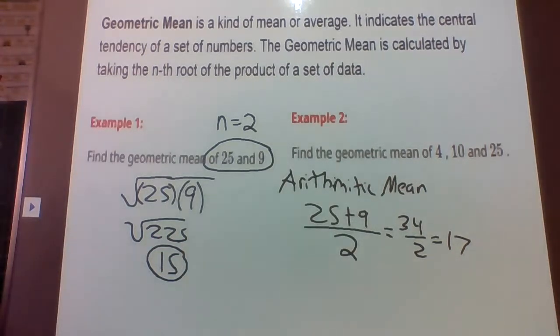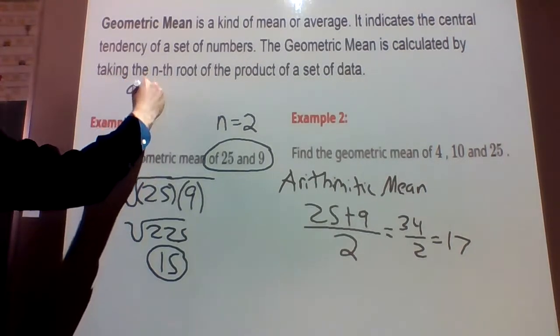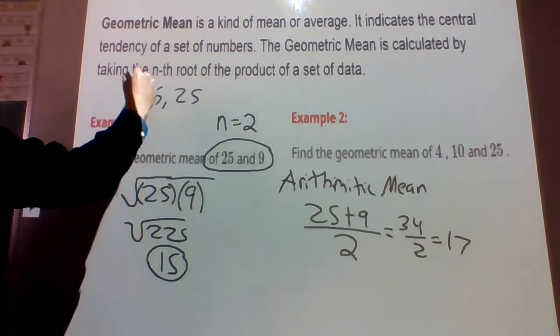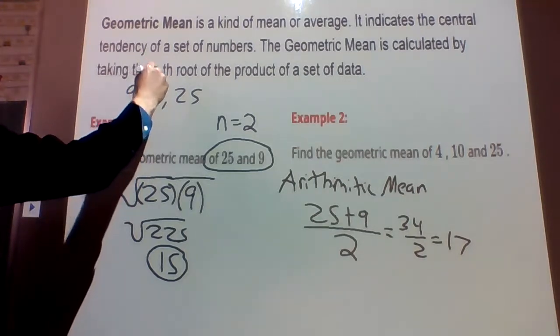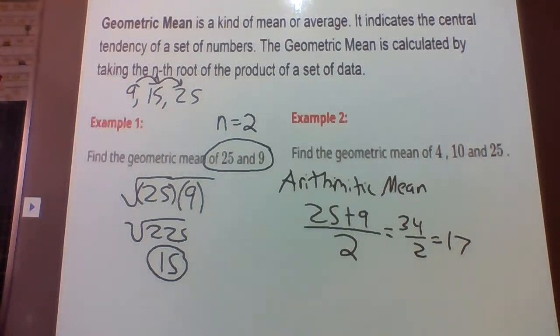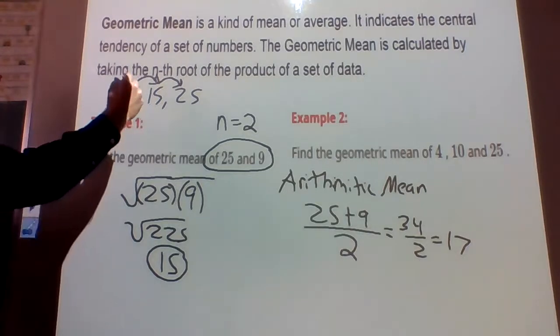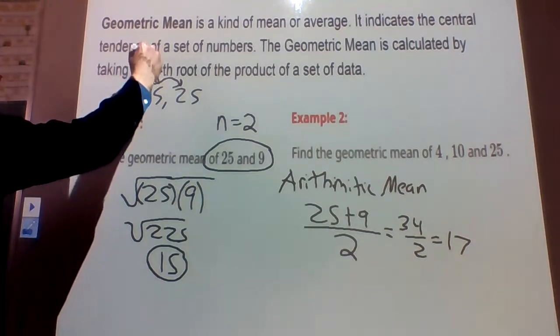So what that's telling us here, if we have a sequence, so 9, 15, 25, it's going to be the same jump from 9 to 15 as it is from 15 to 25. So to get from 9 to 15, you need to multiply by 5/3.